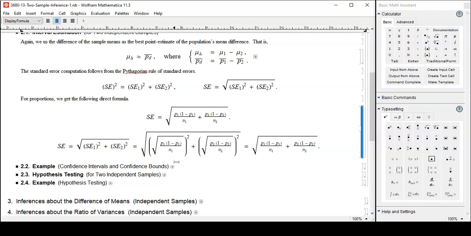But for SE1, we follow the SE formula for proportion, square root of P1 times (1 minus P1) over N1, for sample 1. Then we square the square root, so that's gone. We end up with this. Do the same thing with the second sample, P2 times (1 minus P2) over N2. And that's how we end up with this formula here.